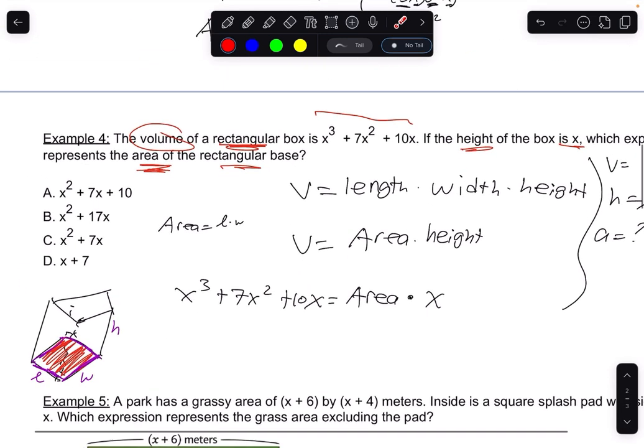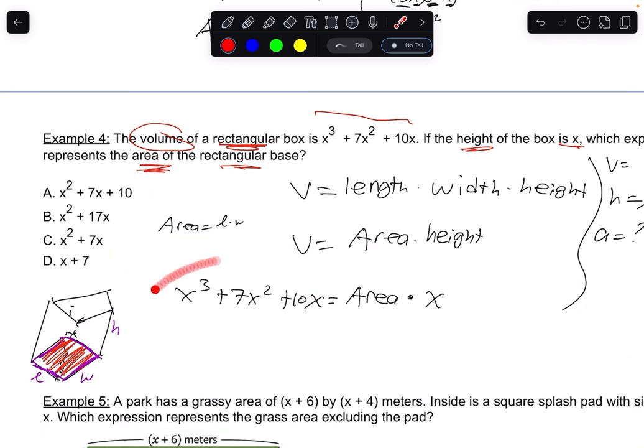So effectively, which one of these answer choices can you multiply by x in order to get this volume? Well, probably has to be A. Notice it was x squared, x cubed, 7x, 7x squared, 10, 10x. Multiply all these by an x, and you get that volume.